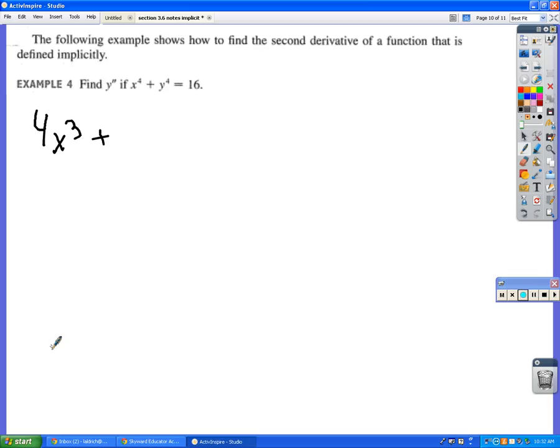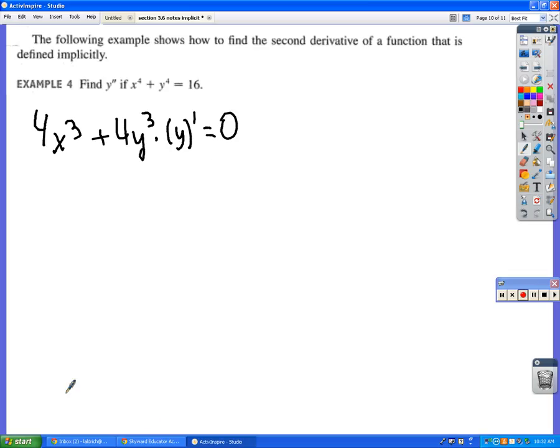We're using the chain rule, right? So the 4 goes in front, 4y cubed, but then we also have to take the derivative of this function, and the derivative of y is y prime. Equals the derivative of 16, which is 0.